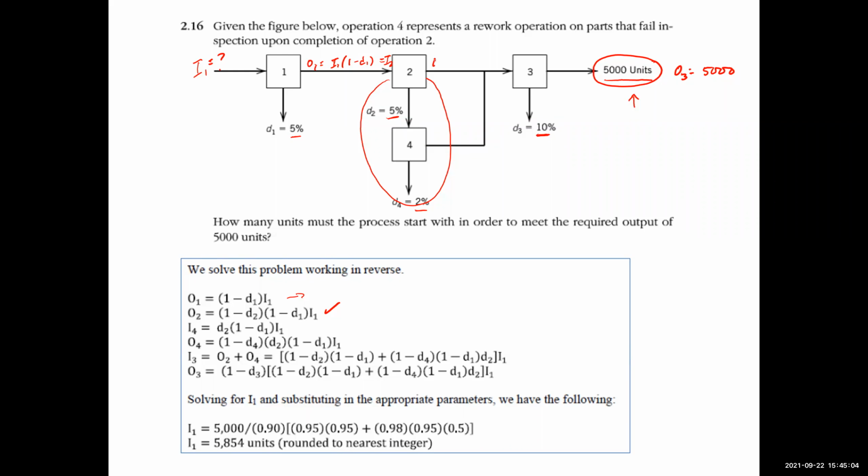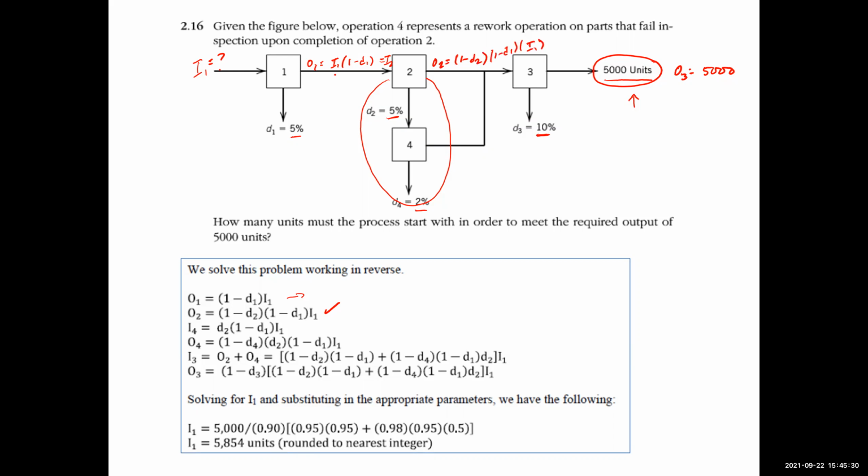So O2 is going to be equal to whatever is not going in this direction. So I1 minus D2 times 1 minus D1 times I1.